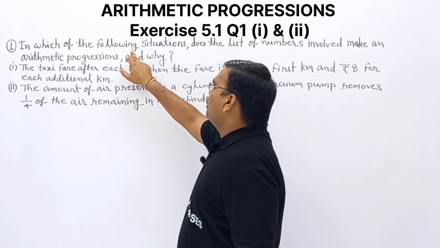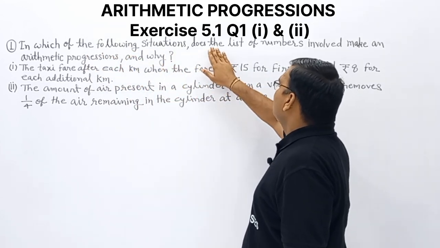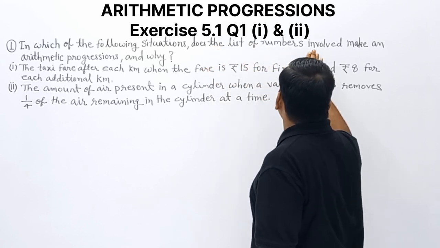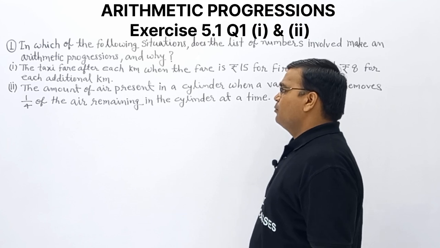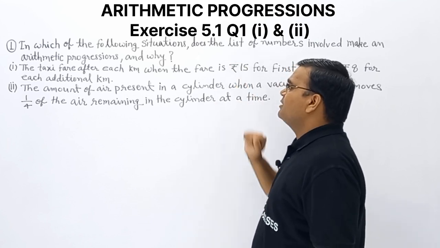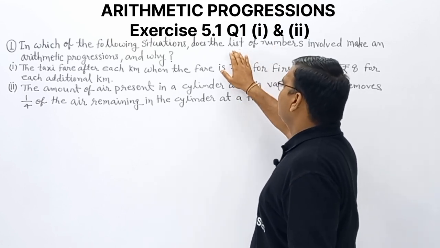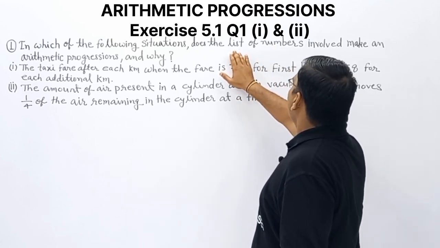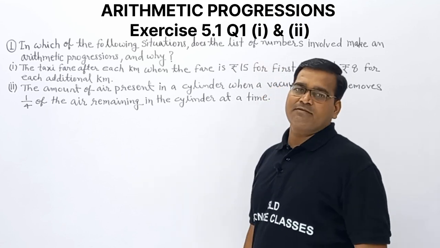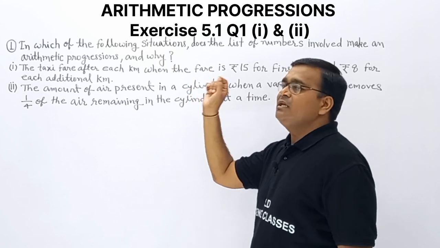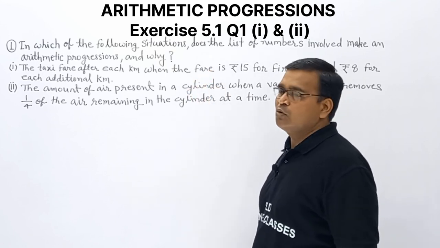In which of the following situations does the list of numbers involved make an arithmetic progression? Using the following situations, we will make a list of numbers, and check whether that list of numbers makes an AP or not.